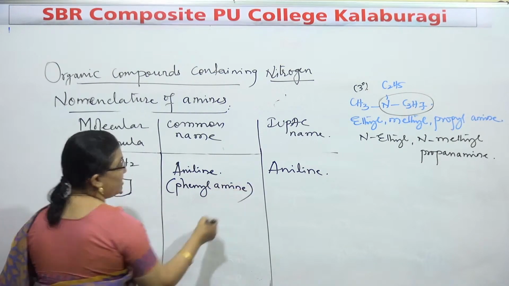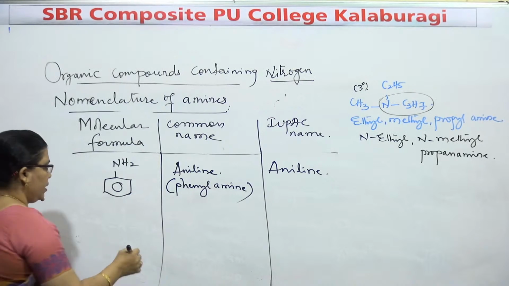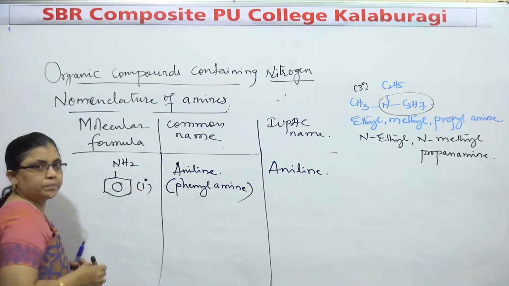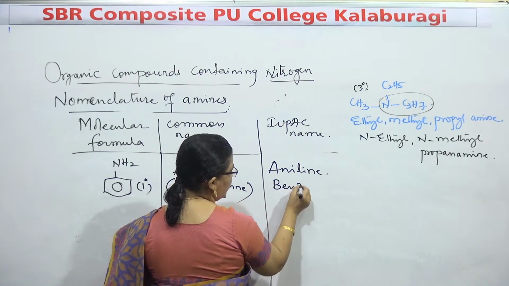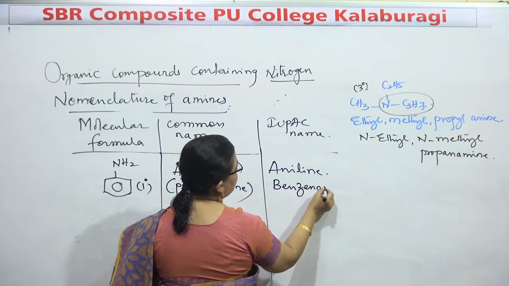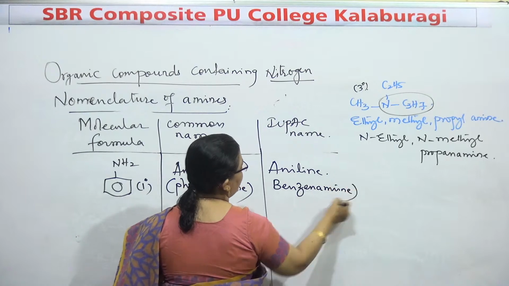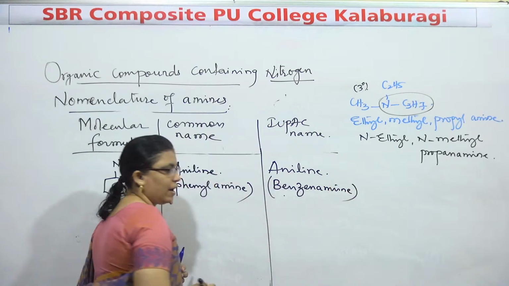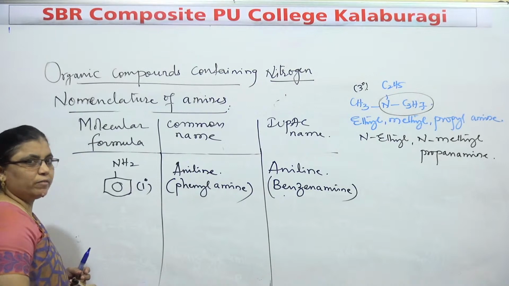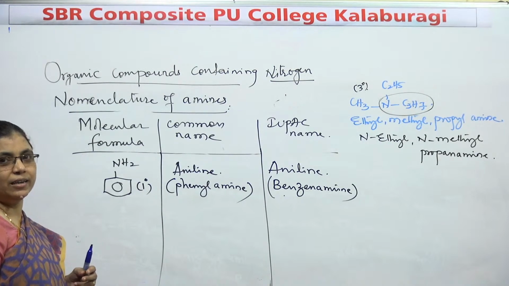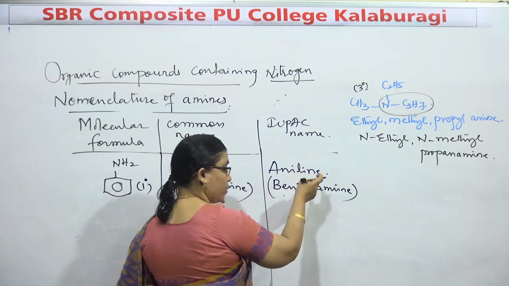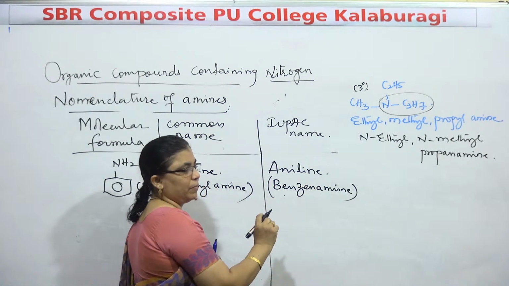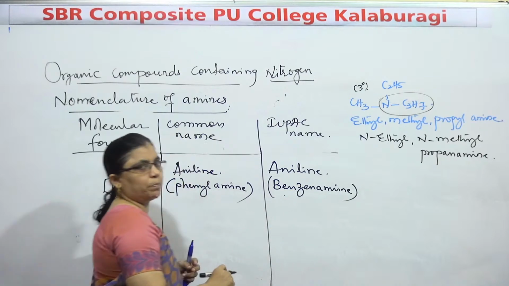Is it primary, secondary or tertiary, children? Yes, it is primary. One more name is benzenamine. Once in the KCT they asked the question: what is the IUPAC name of aniline? Aniline itself is an IUPAC name, but one more IUPAC name is benzenamine.